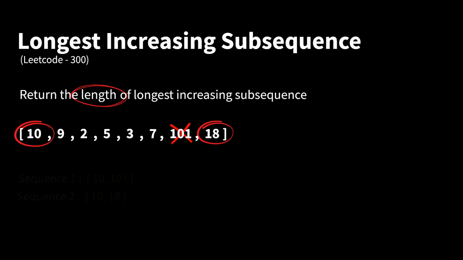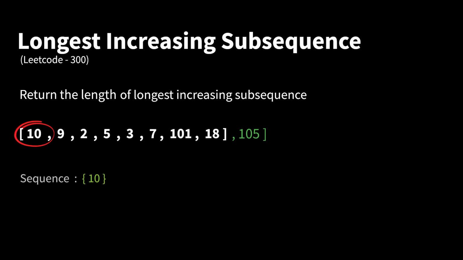So let's take this example again. Let's say instead of this 18, there was another number 105. In this scenario, what would be the optimal solution? If we start with 10, we select 101 and then we select 105, correct?